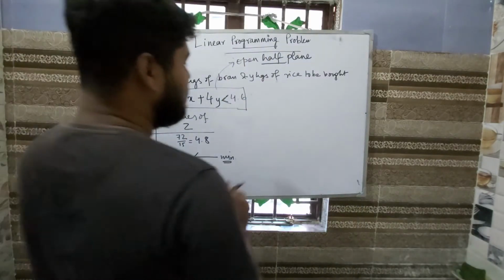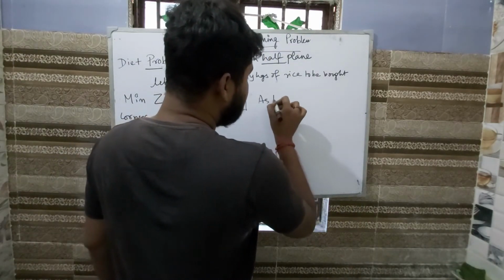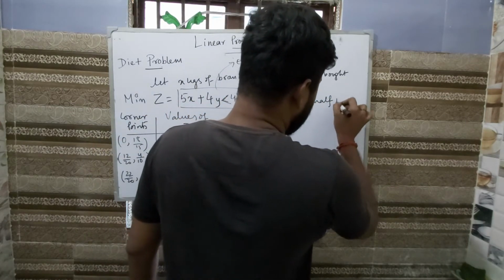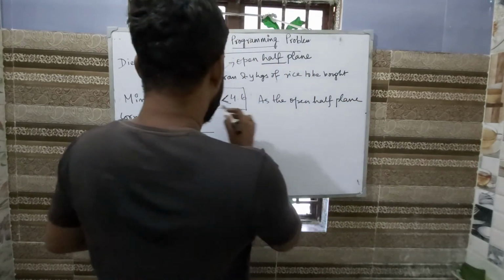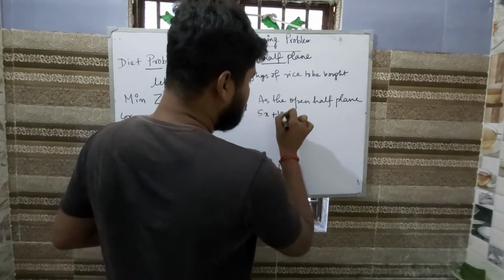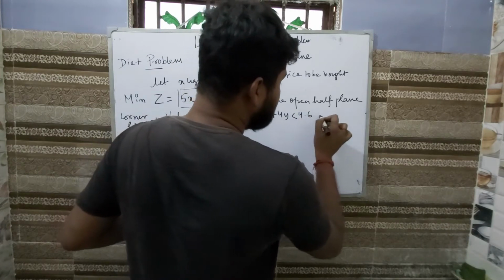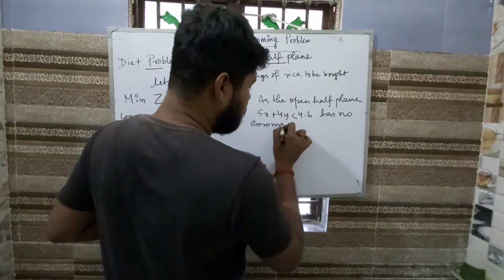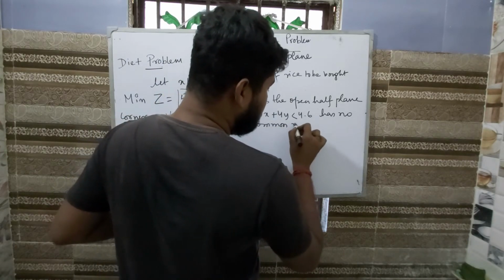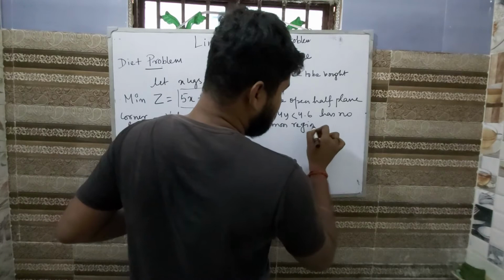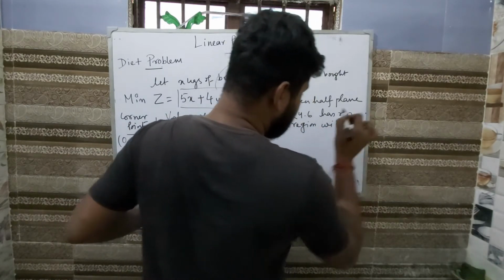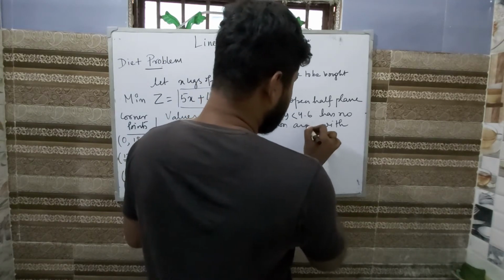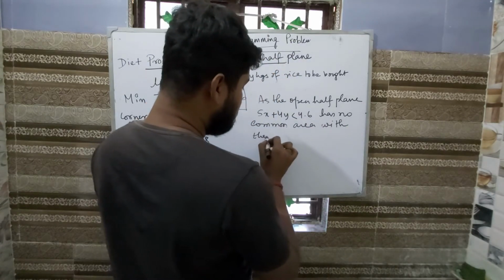I will write: the open half plane, which is 5x plus 4y less than 4.6, has no common region with the feasible region. Let me just write: no common area with the feasible region.